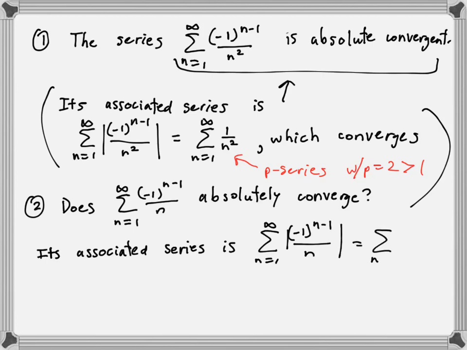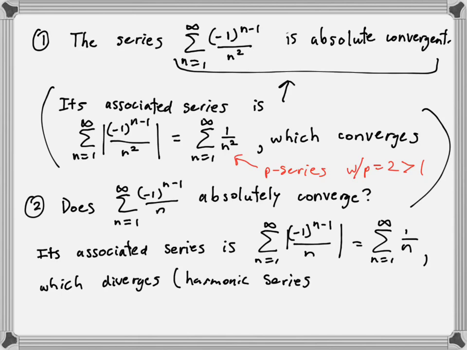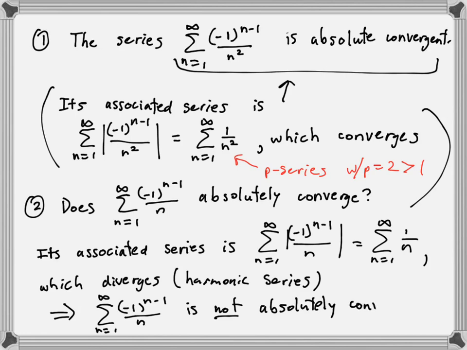And I end up with just 1 over n. But this series diverges. Remember, that's the harmonic series. You're allowed to just state that it diverges. We already showed that in an earlier section. So what does that mean? This implies that the series that we started with is not absolutely convergent.